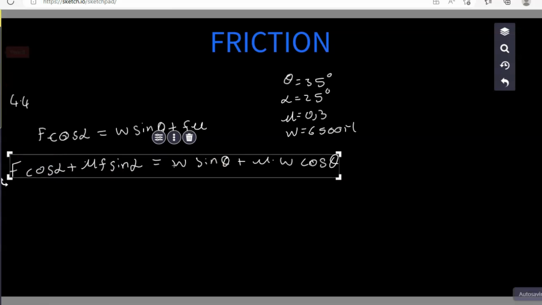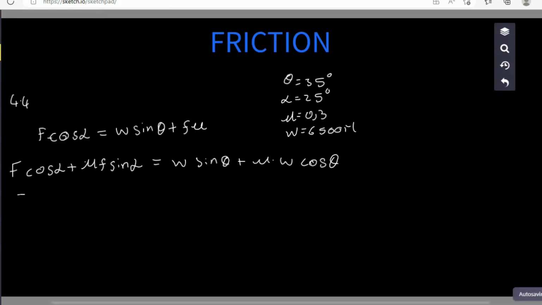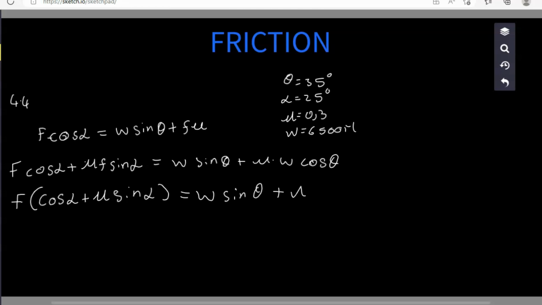From here, we are going to factor out F, giving us cos alpha plus mu sine alpha is equal to W sine theta plus mu W cos theta.